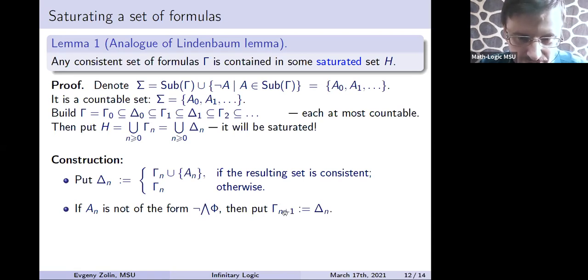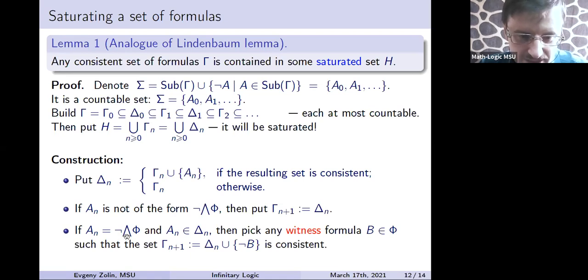We simply put the next set gamma n plus 1 to be just our set delta n. If an is of this form, negation conjunction phi, and this definition worked for the first line, so we really added this formula an to our set and obtained delta n.